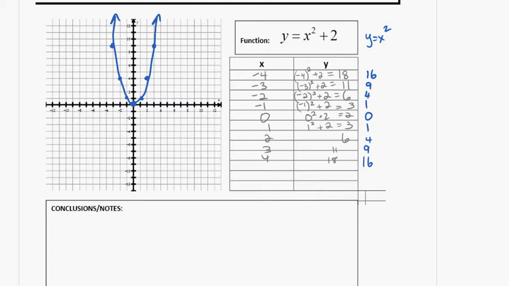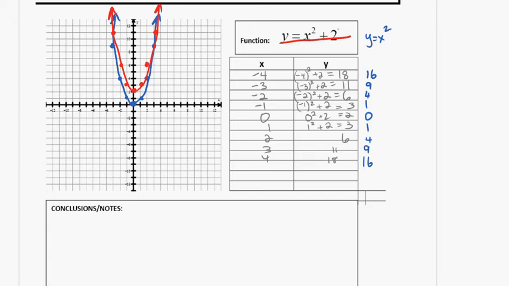Now for this new function, y equals x squared plus 2, I take every y value for the given x and shift it up 2. So this goes up 2. These go up 2. 1, 2. 1, 2. 1, 2. 1, 2. So my red now reflects my new parabola, which is just shifted up 2.